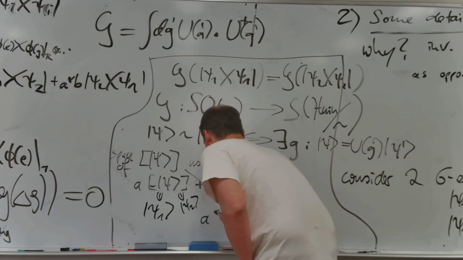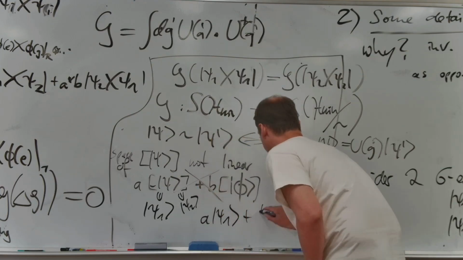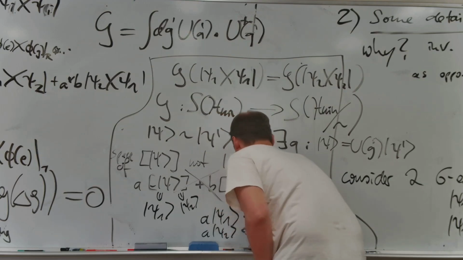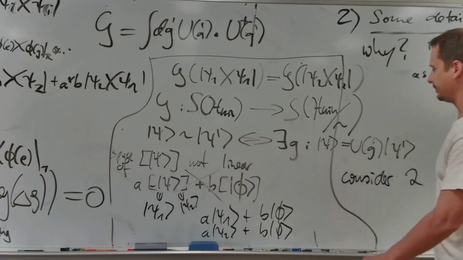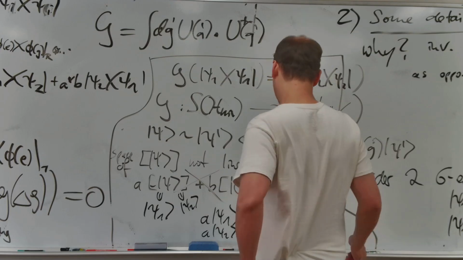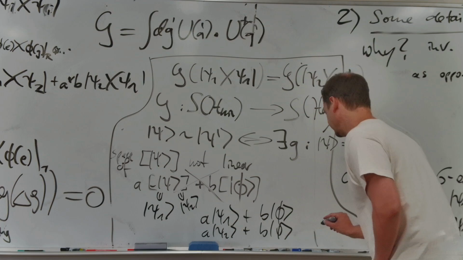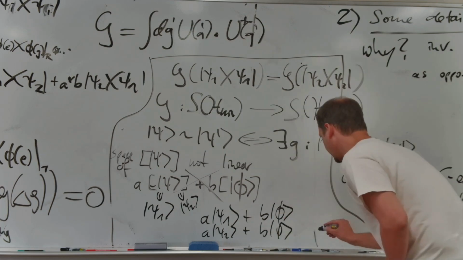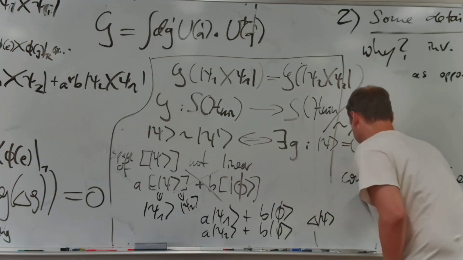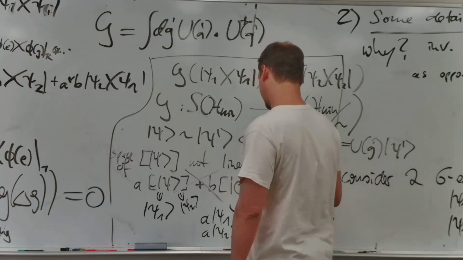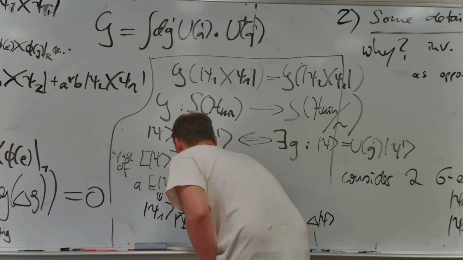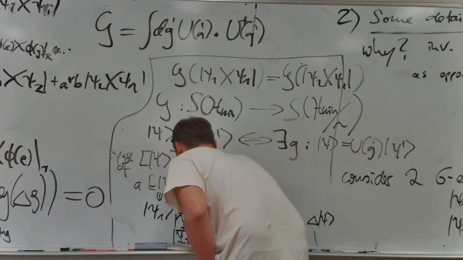So if I then do something like A psi 1 plus B phi, for instance, and I do A psi 2 plus B phi, this is not going to be the same in general. It's not even under equivalence relations, because what's the difference here? If I take these two states, when I look at the difference, delta psi, what are we going to call this now? Sorry, let's call this capital psi 1, and this here capital psi 2.